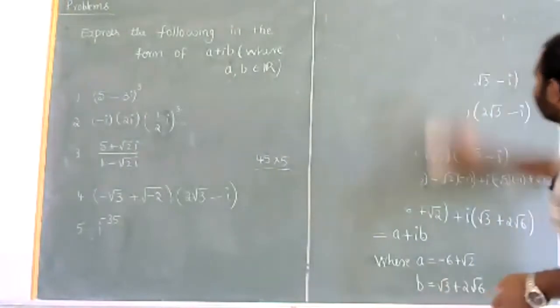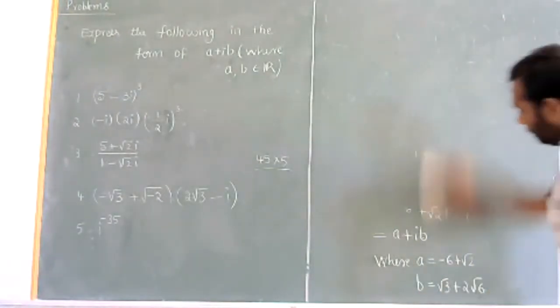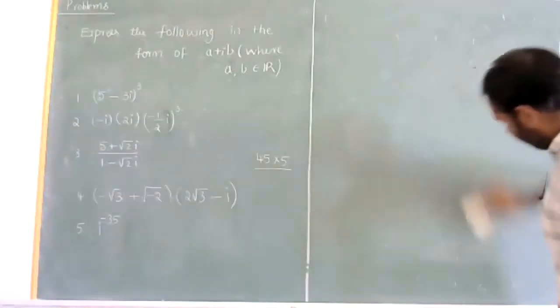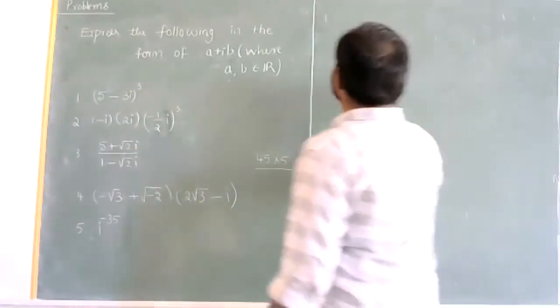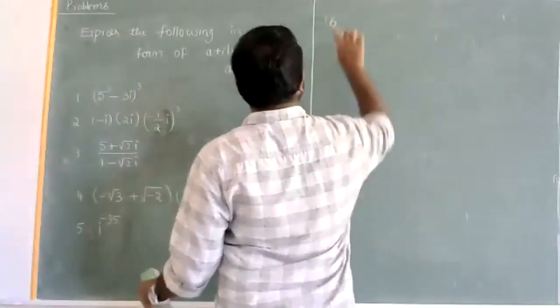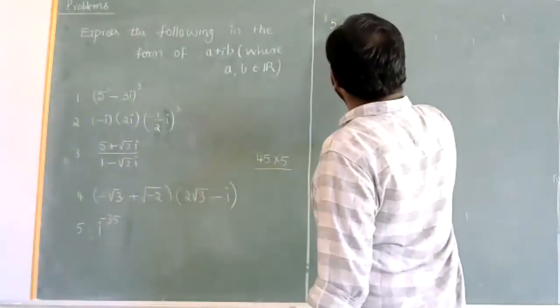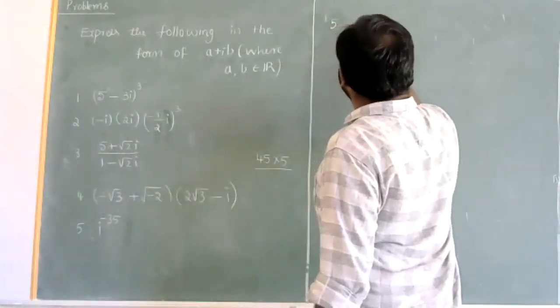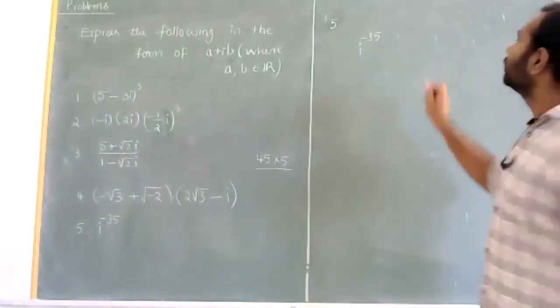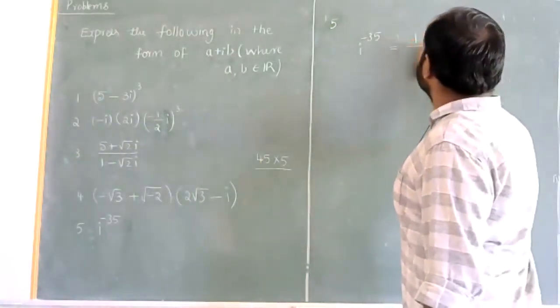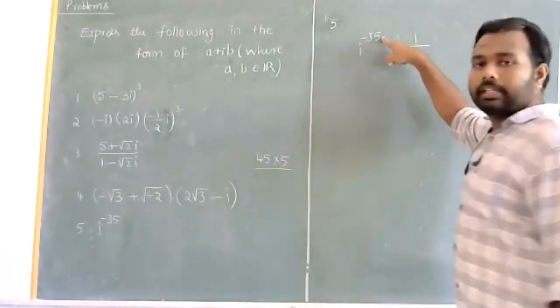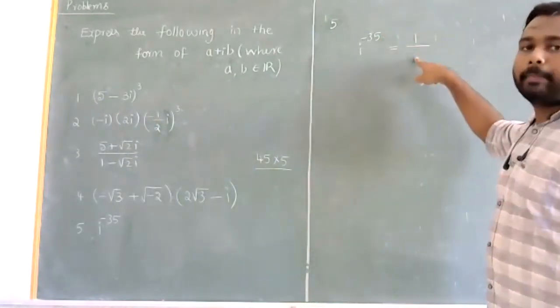Next, the last one. We have i to the power minus 35. By the law of exponents, a power minus m is 1 divided by a power m.